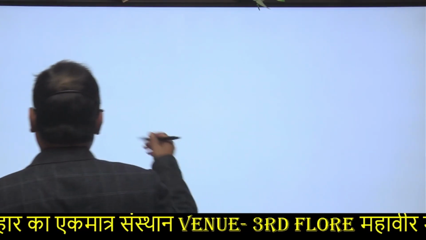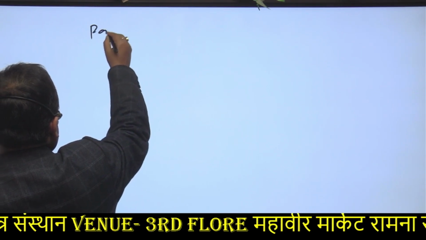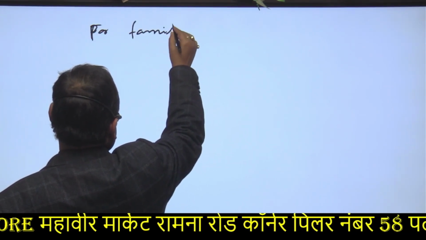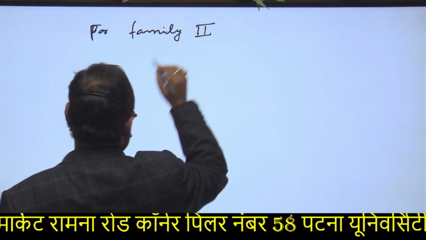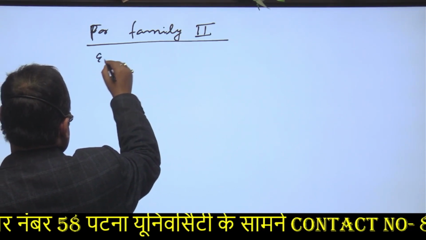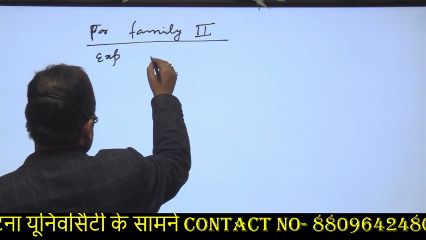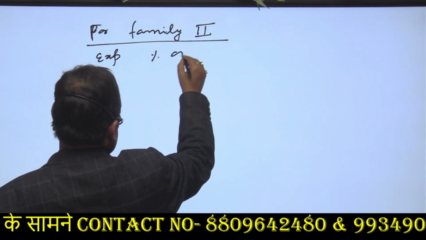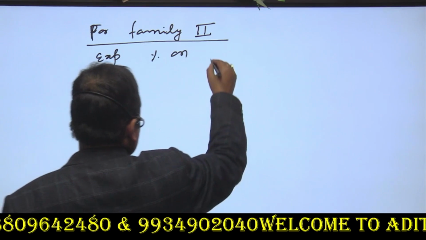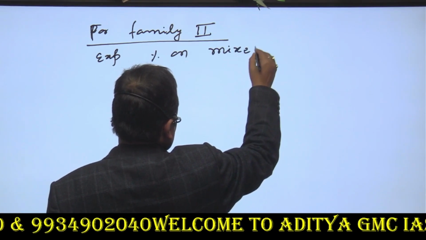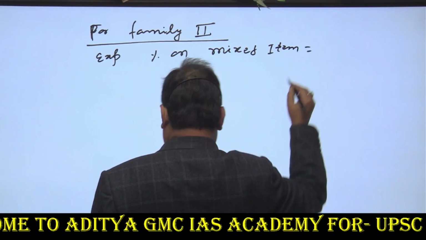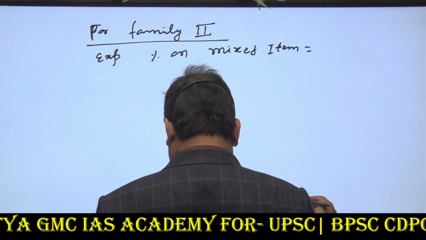Similarly, for family second, expenditure percent on mixed item equals 32%.